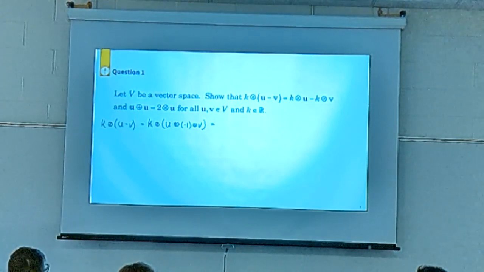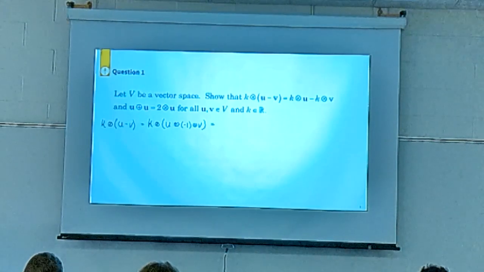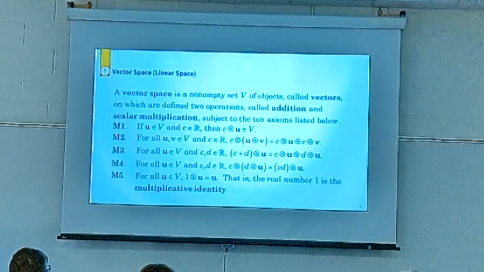Oh, well, we know that V is a vector space, right? That means your 10 axioms hold. What axiom was it? M2.